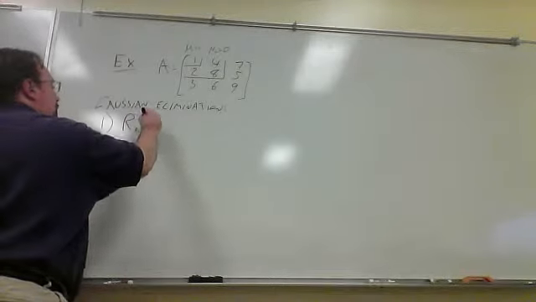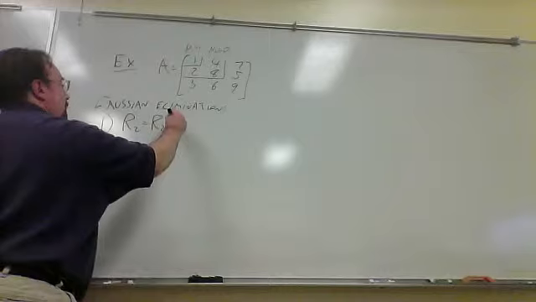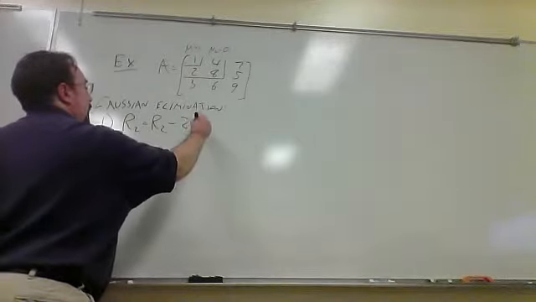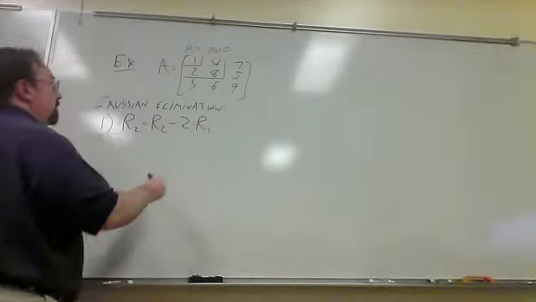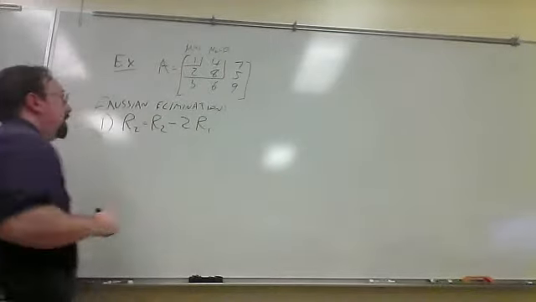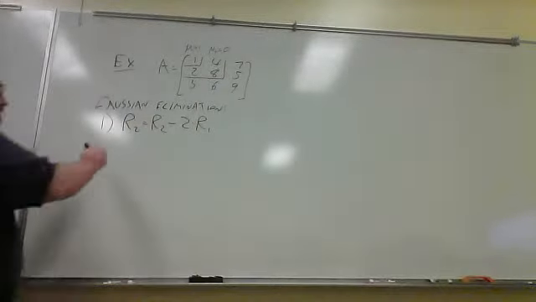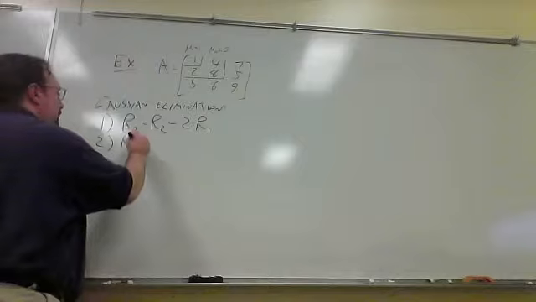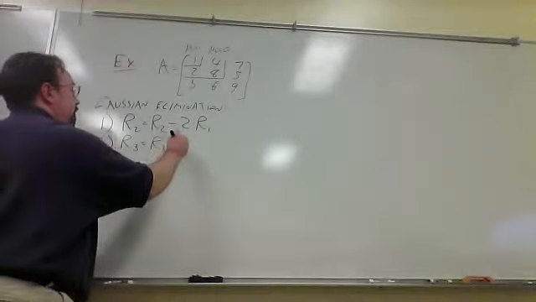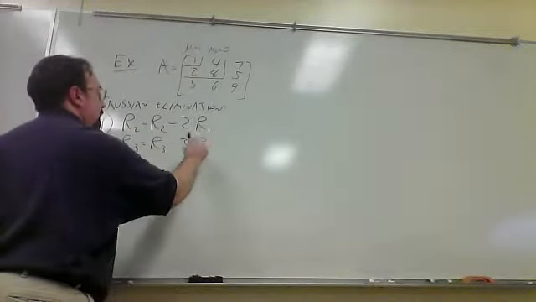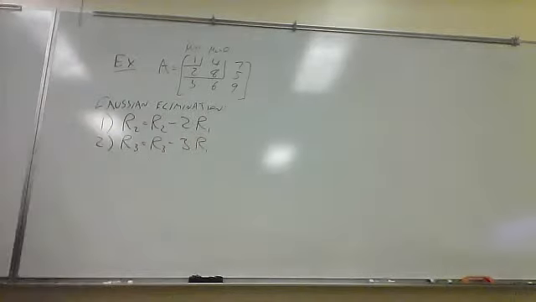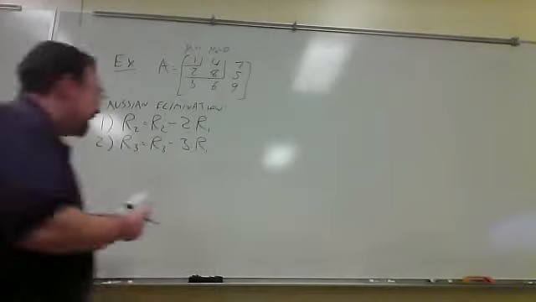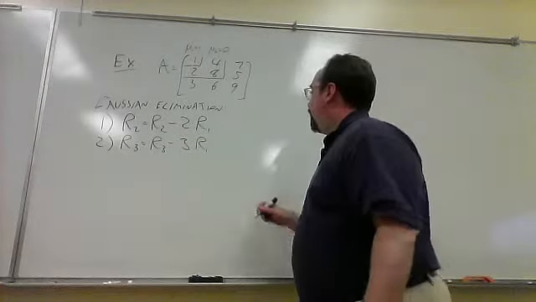First, our second row is equal to itself minus twice the first row, to eliminate the 2 there. Then the third row is equal to itself minus 3 times the first row, to eliminate the 3 in the 3,1 position.